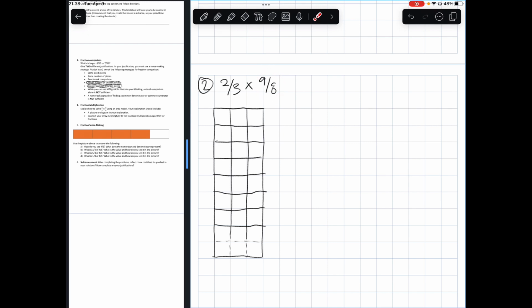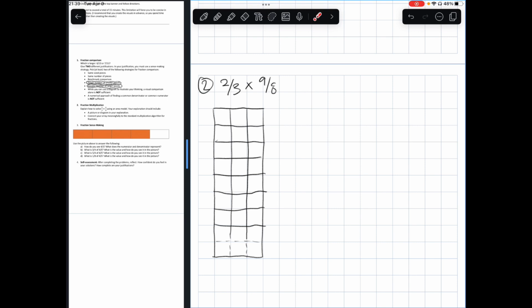Well, it's 9/8. What this does is it gives us this extra, not so extra row, because the 9 is still a part of what we're multiplying, even if it is an improper fraction.